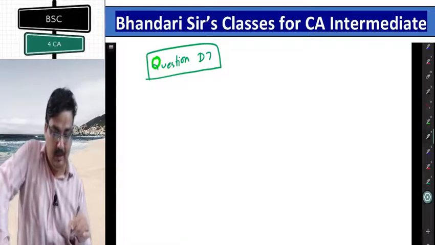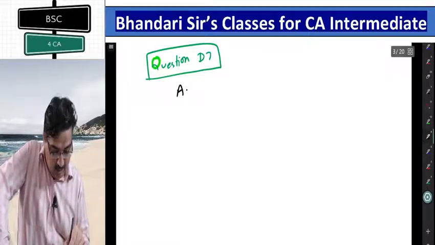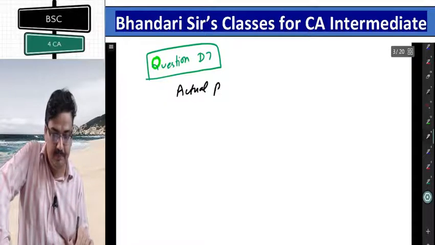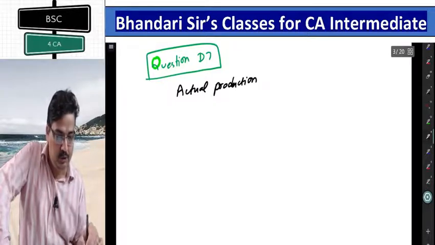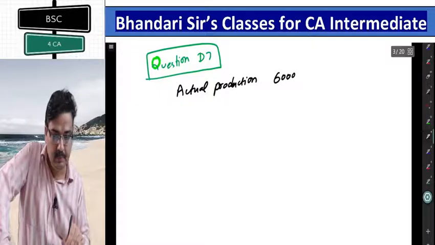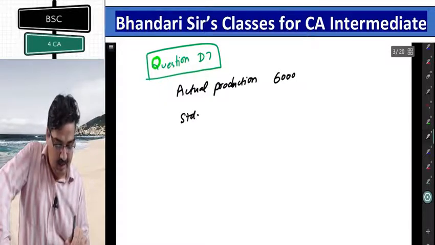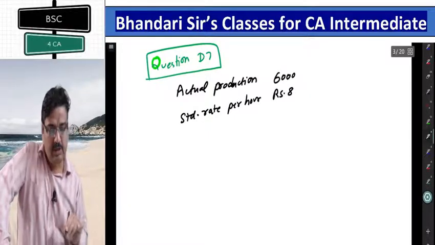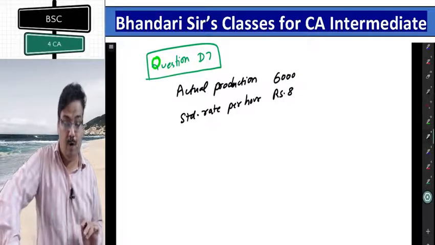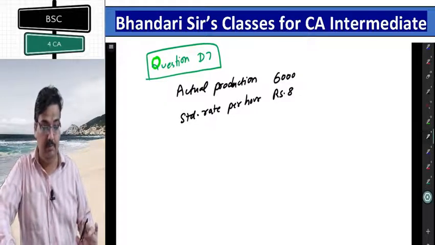Let us put the data given. Actual production: actual units produced and sold 6,000. Standard rate per hour ₹8. Standard hours required for 6,000 units is not given.